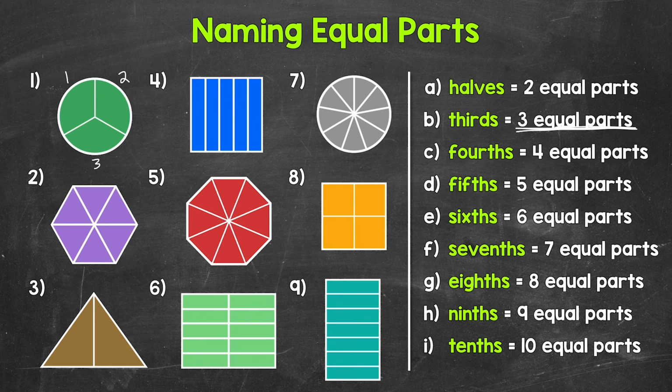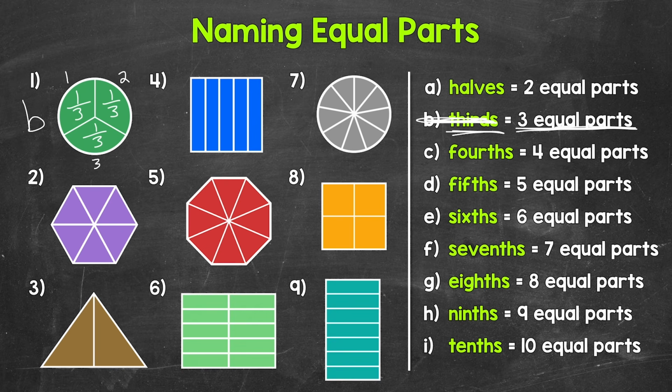We call 3 equal parts thirds. So let's put a B next to number 1 and cross off thirds. Now each of the equal parts is 1/3 of the whole. So this is 1/3 of the whole circle. This is 1/3 of the whole circle. And this is 1/3 of the whole circle.